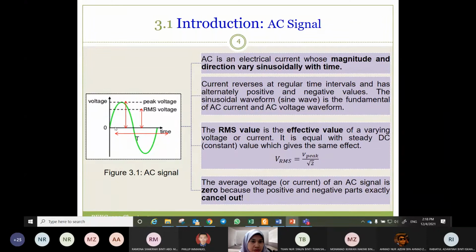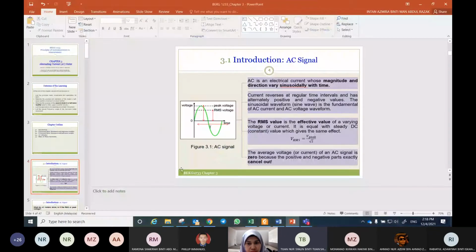When time is 0, let's say for this signal voltage here, at time equal to 0, the voltage is equal to 0. At half the period, the voltage is equal to 0. At the full period, the voltage is equal to 0 as well.